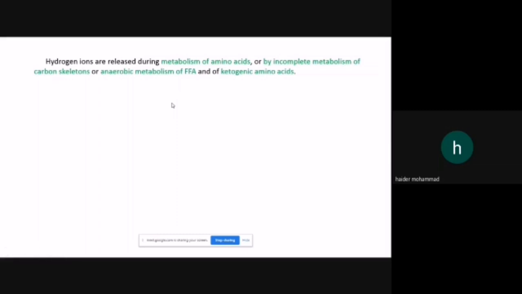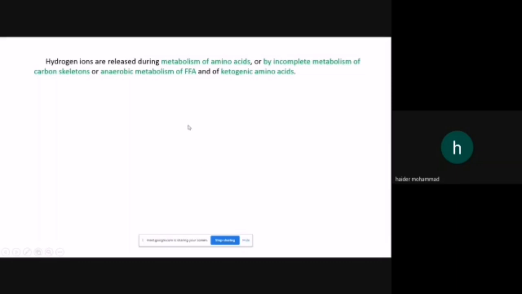During starvation we don't have enough carbohydrate, so triglyceride in adipose tissue is used. Free fatty acids are converted to acetyl CoA, and in the liver to ketones, and these ketones are acids. Fourth, ketogenic amino acids, certain amino acids used in gluconeogenesis to get energy. And anaerobic metabolism: if we have a deficiency of oxygen, it is not converted, so it also gives us hydrogen ions. So we have 1, 2, 3, 4 and 5 sources of hydrogen ions released in the blood.